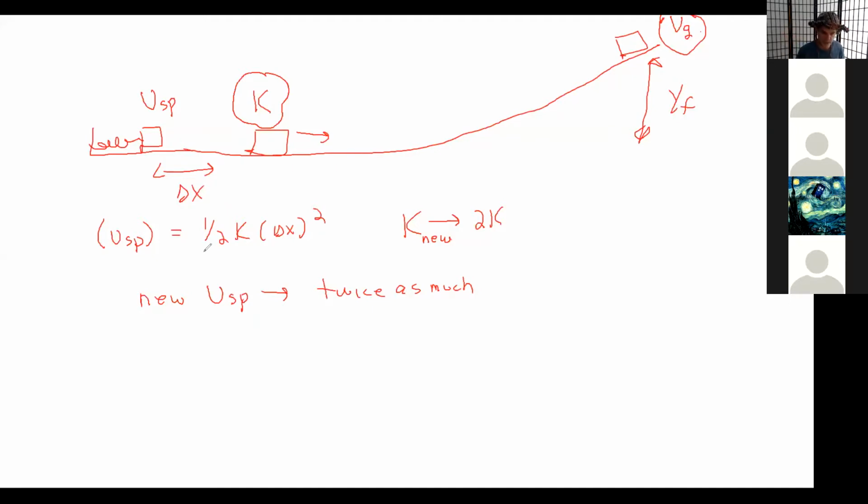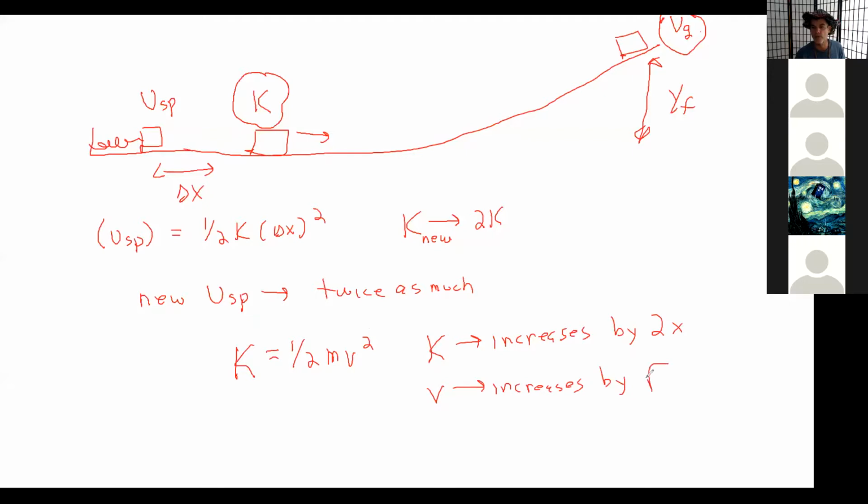But in terms of the speed, remember, kinetic energy is 1/2 mv squared. So if my kinetic energy increases by a factor of 2, then my speed actually increases by a factor of the square root of 2. So K being twice as much means when I compress the spring the exact same amount, my elastic potential energy stored is going to be twice as much.